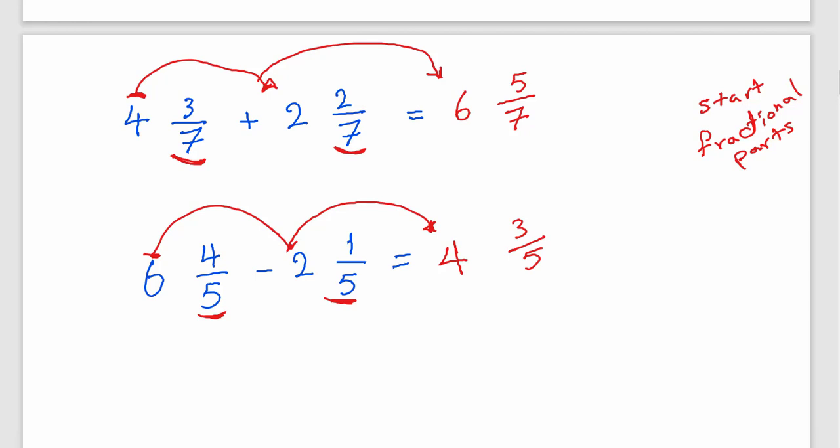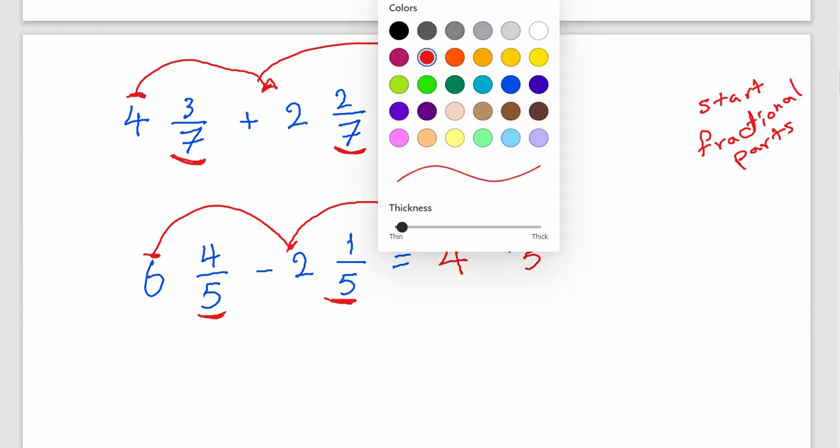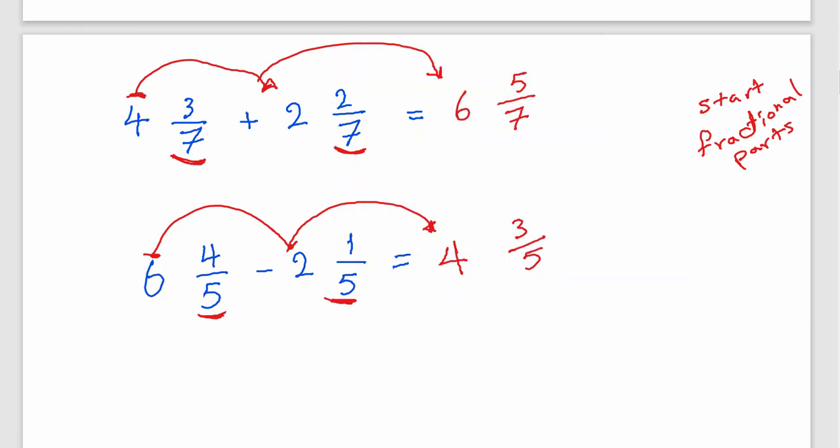But we may have some problems. Let's see what we may face in our problems. We may face something like this. Look at this question. I know how to solve it.